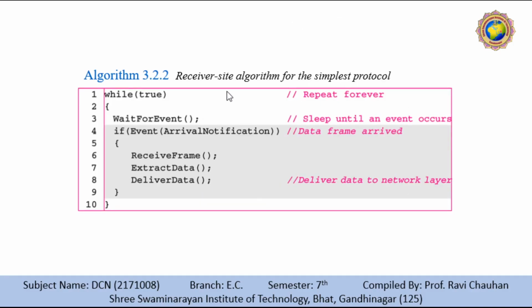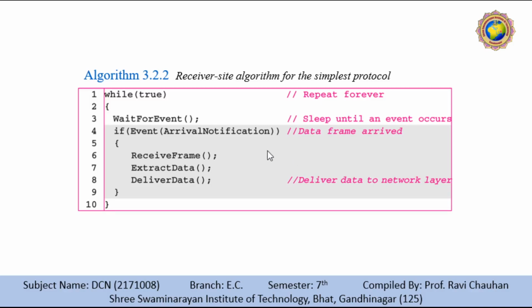So this is the algorithm for our receiver side. So what is the process? This algorithm has the same format as our previous algorithm, except that the direction of the frames and the data is upward. The event here is the arrival of a data frame.